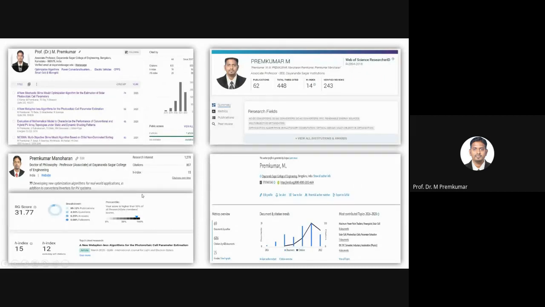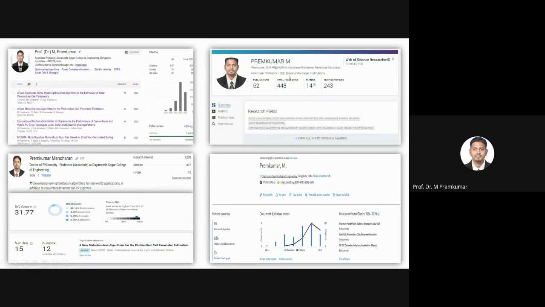Similarly, your ResearchGate also. But when you take Scopus and Web of Science, in Scopus, if your paper is cited in a Scopus Indexed Journal, then that will be counted as one citation. But in the other one, even if your paper is cited in a conference, that will be counted for citation calculation. That's why these numbers are different.